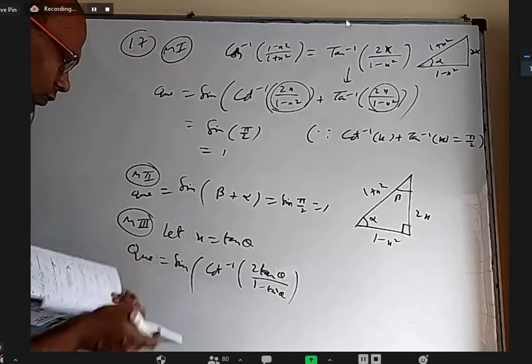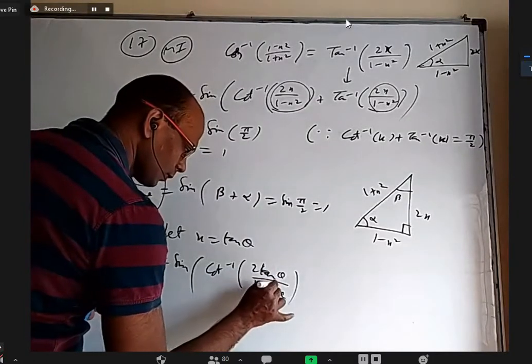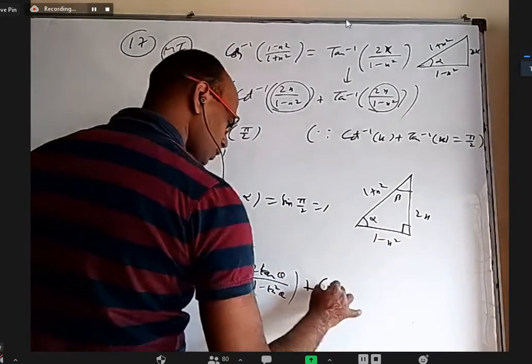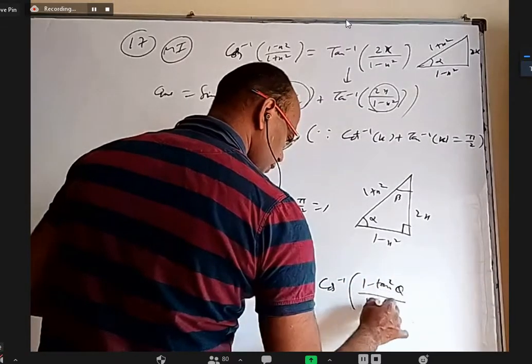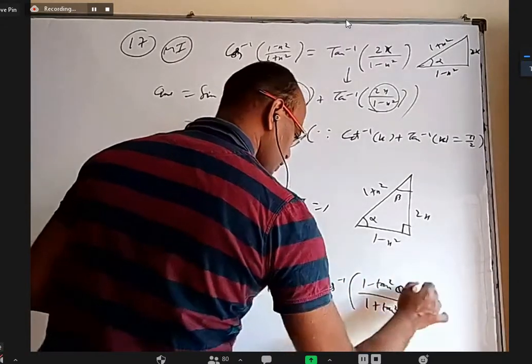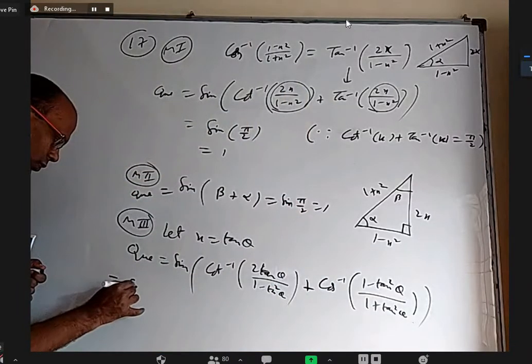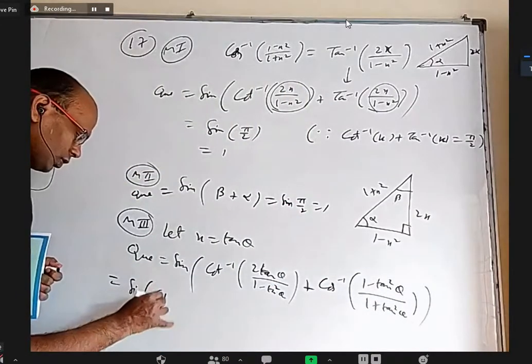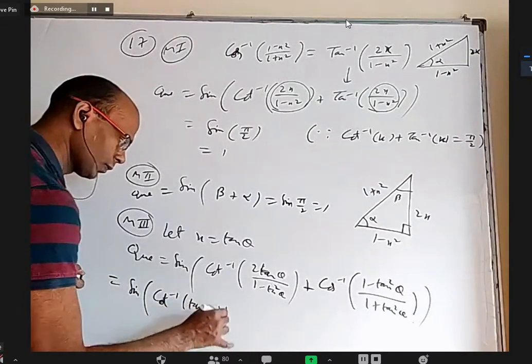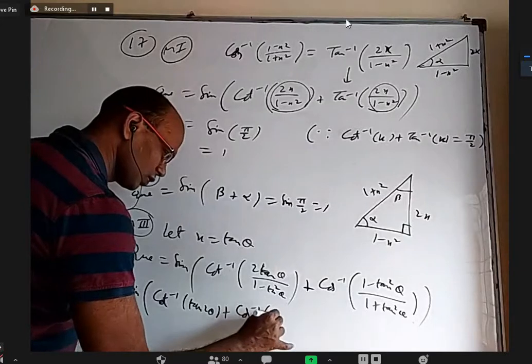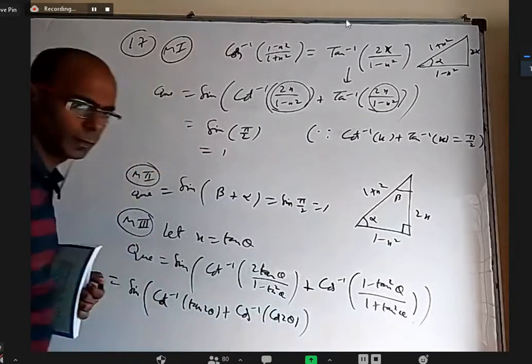It's okay, nothing wrong. Plus cos inverse 1 minus tan square theta by 1 plus tan square theta. So sine of cot inverse tan 2 theta and cos inverse cos 2 theta.